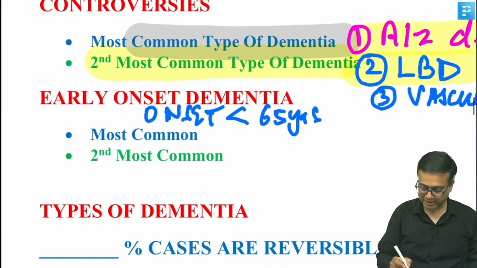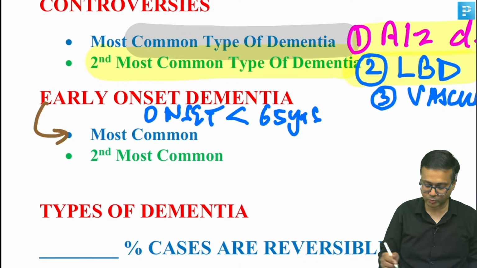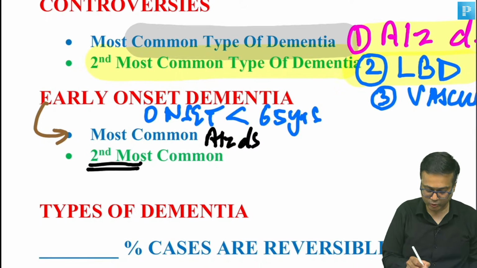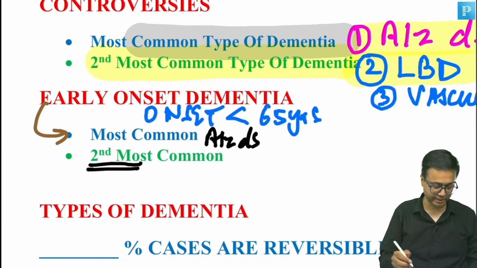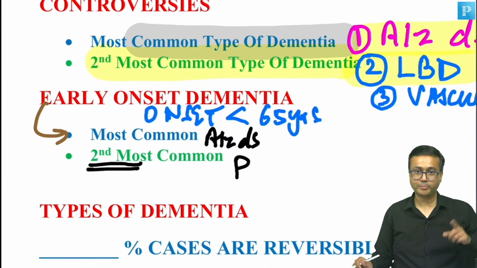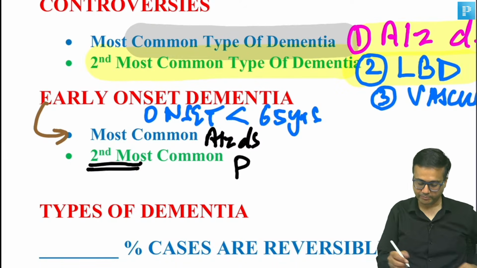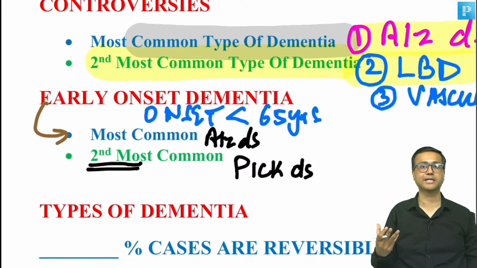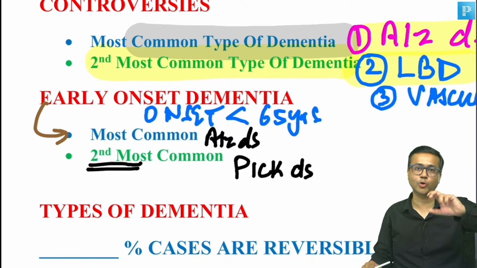Again, if I ask you the causes of early onset dementia, the most common cause remains the same, it is Alzheimer's disease. Second most common, again slightly controversial, but one you can remember at least, starting with P. It is not Parkinson disease dementia. Please remember Pick disease. This question was asked in one of the INI-CET exams. Tell me, is Pick disease cortical or subcortical?